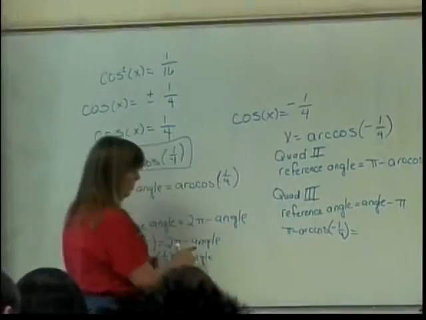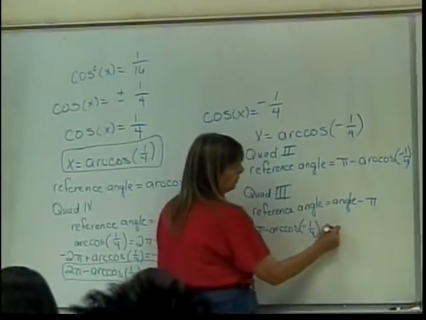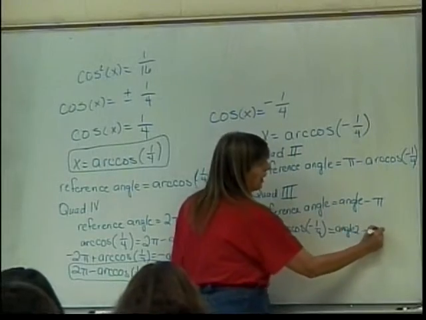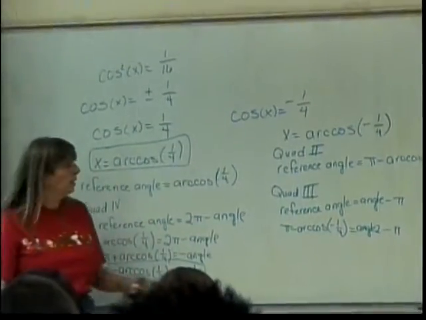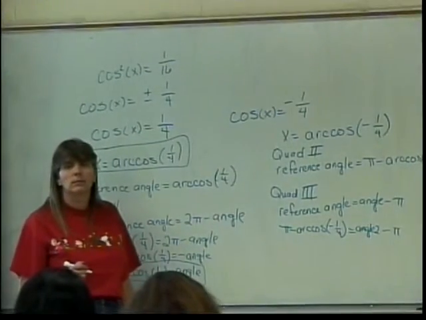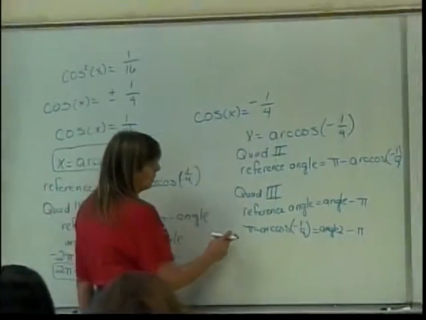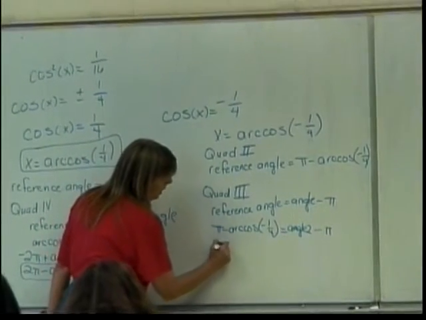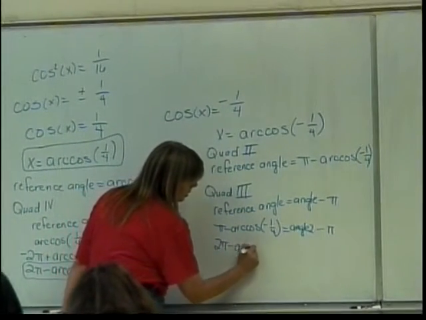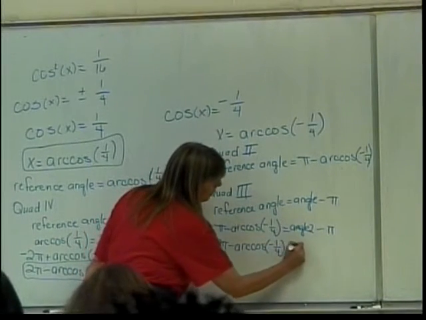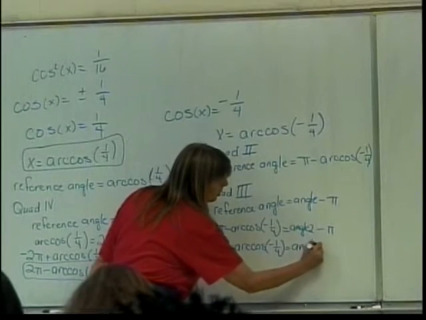Since I already used the word angle over here, I'm going to call it angle 2. It's angle 2 minus pi. How do I solve that for angle 2? Add pi. When I add pi to this side, I end up with 2 pi. So I'll have 2 pi minus the arc cosine of negative 1/4, and that's going to be the second angle we're looking for.